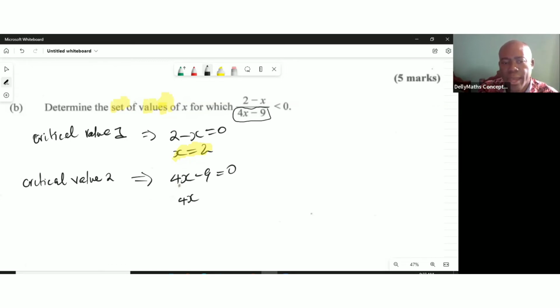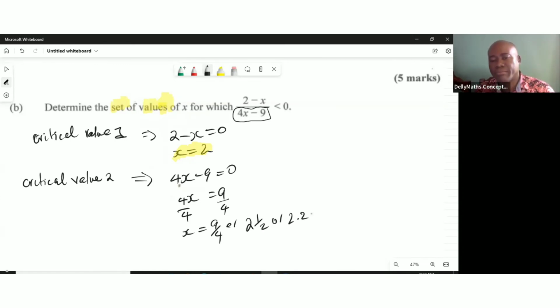So I have 4x, adding 9 to both sides equals 9, dividing now by 4, so x is equal to 9 over 4, which is basically 2 1/4. This is the other critical value that we have.